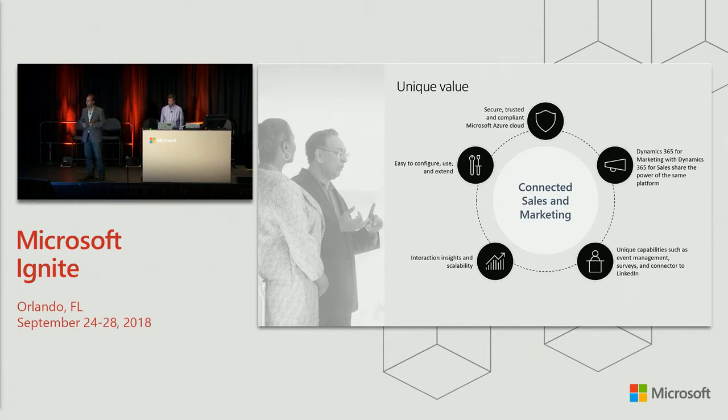Because Dynamics 365 for Marketing and Dynamics 365 for Sales are built on the same platform, sales and marketing share a living relationship. It's one platform, one data source. So both the sales and marketing teams have the latest and complete information about leads, customers and contacts.